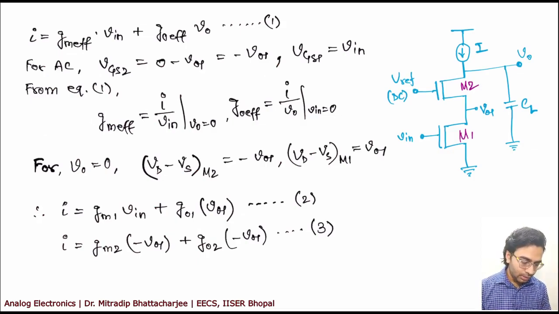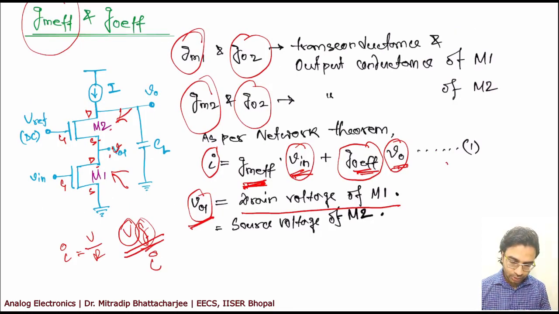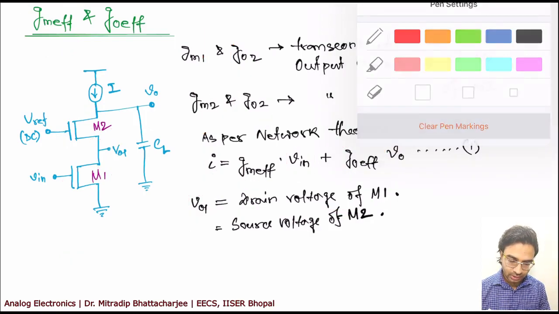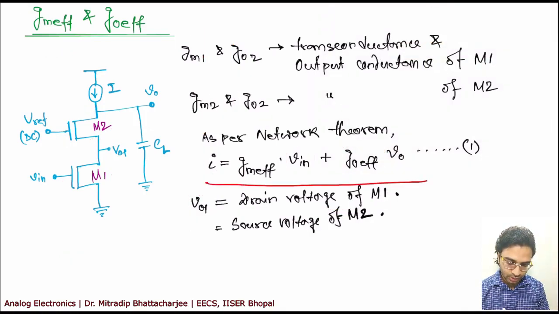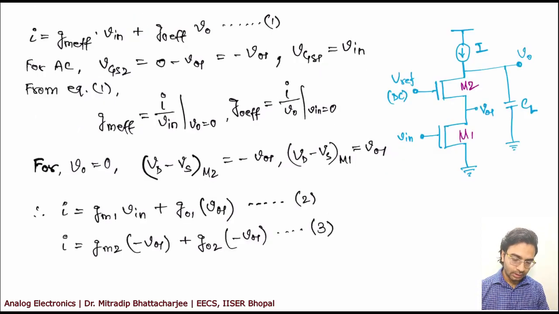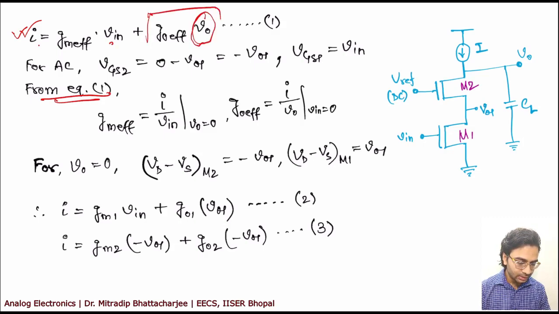Now, if I write down this equation 1, which I just showed you, that I equals GM effective V in plus GO effective V0, from this equation for AC analysis, this is your equation number 1. Now, from equation 1, if you consider V0 equal to 0, this term will go to 0. Then your V in is I divided by GM effective.